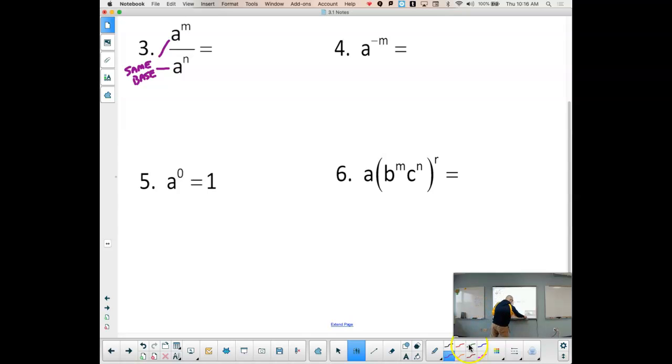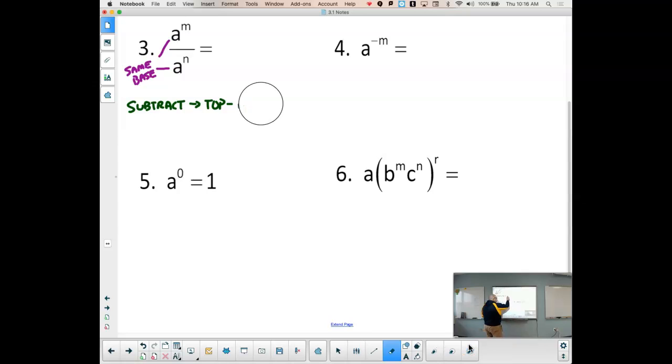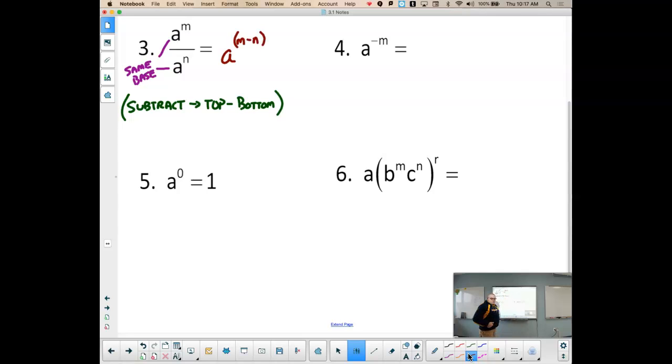And on this one, we subtract, and it's always top minus bottom. So this would be a to the m minus n power.